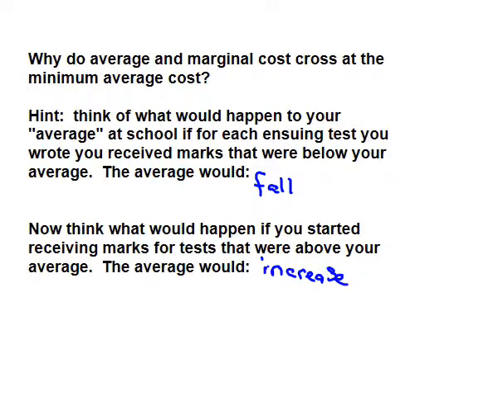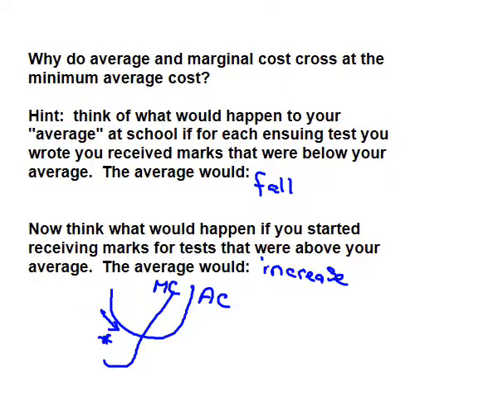So if we think instead of marks, and we think again of costs, and we look at the 2 curves, we have average costs, and we look at marginal costs. If we're dealing with over here, where marginal costs are below average cost, your average is going to fall.